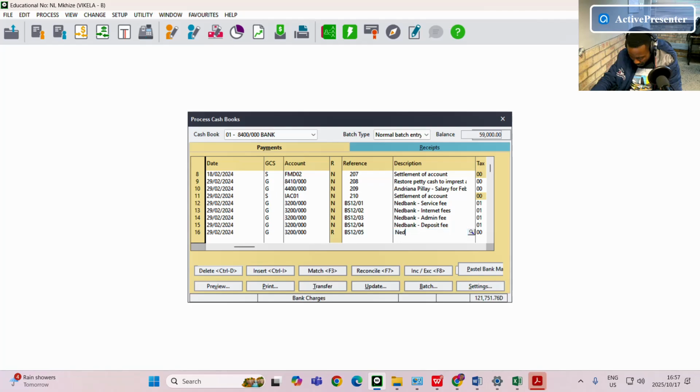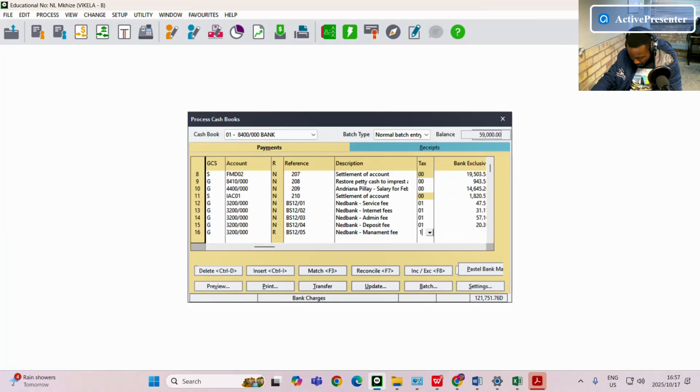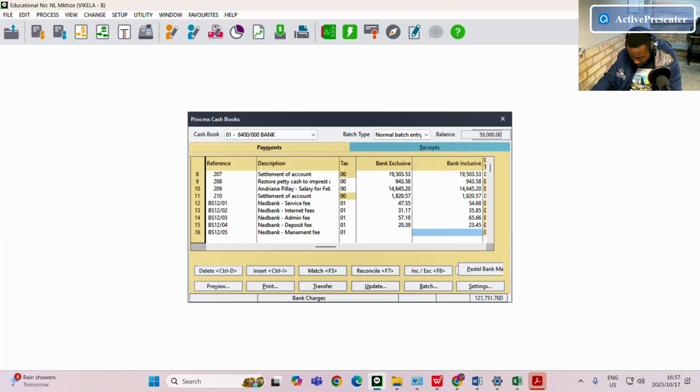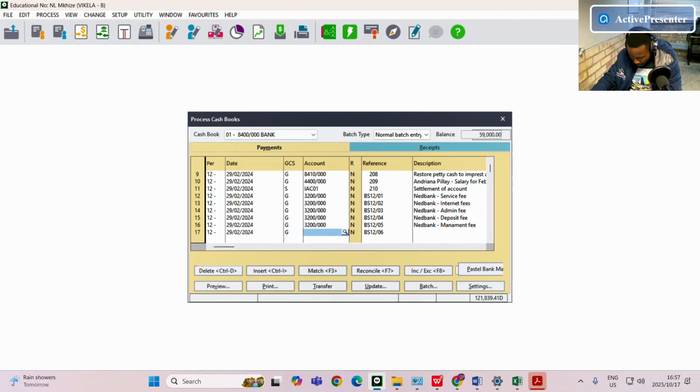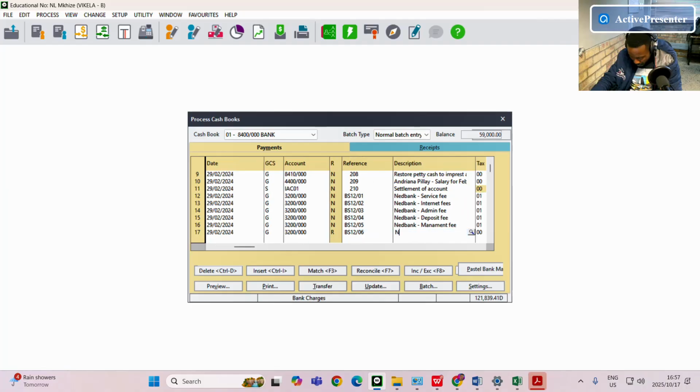I'll write NetBank management fee. Yes, VAT is charged. It's 87.65. Last one is the tax levy, 3200, also goes under bank charges. Then I write NetBank, then it is tax levy.